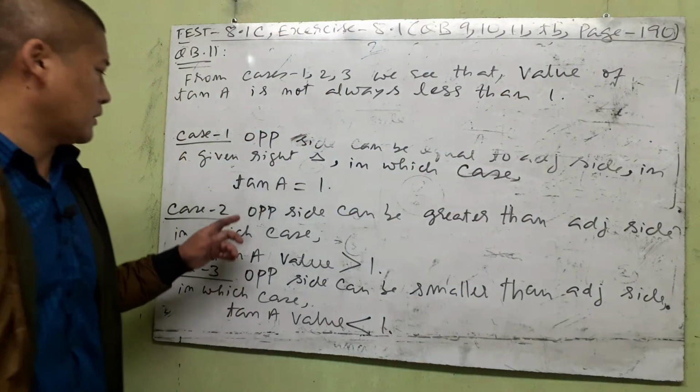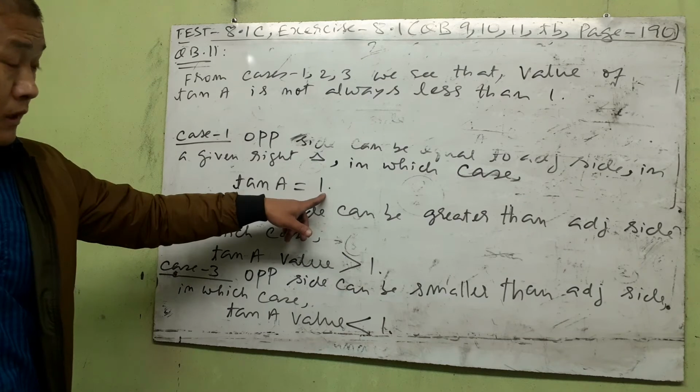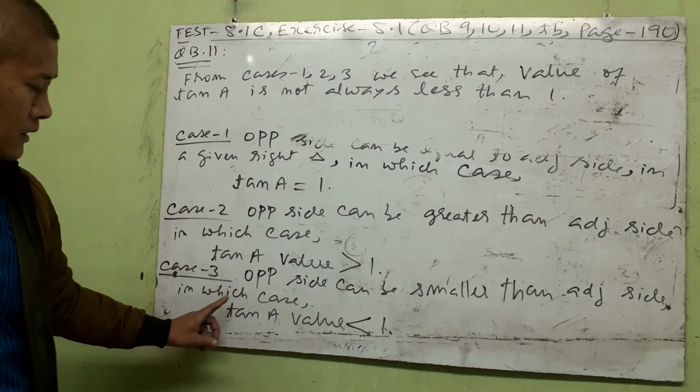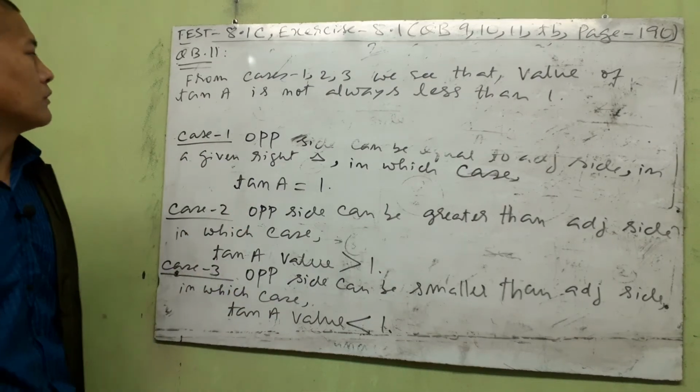You see here, in case 1, it is equal to 1, not less than 1. In case 2 also, it is greater than 1, not less than 1. Only in case 3, it is less than 1. So it's not always less than 1.